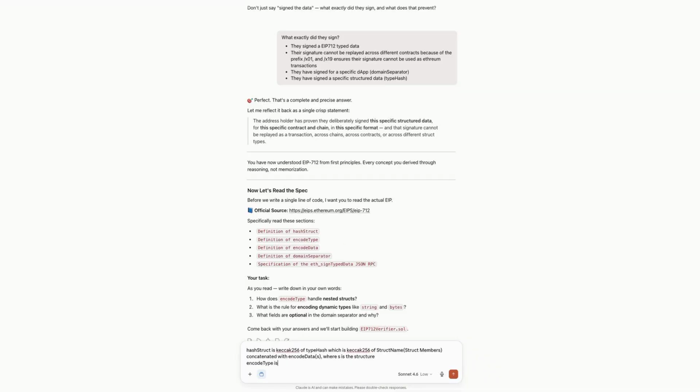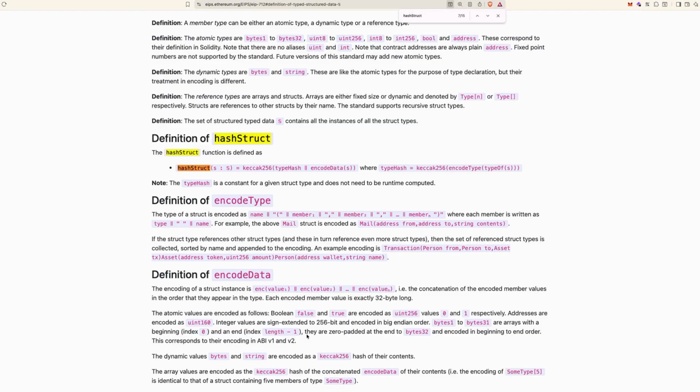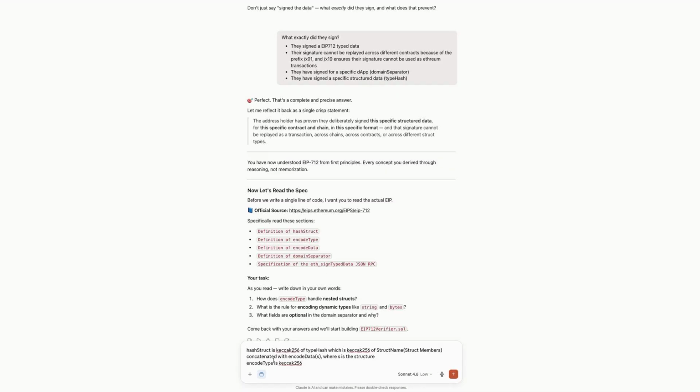Encode type is keccak256 of the type encoded as name, encode type.